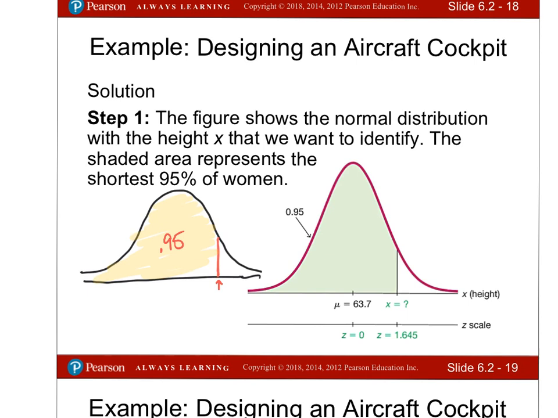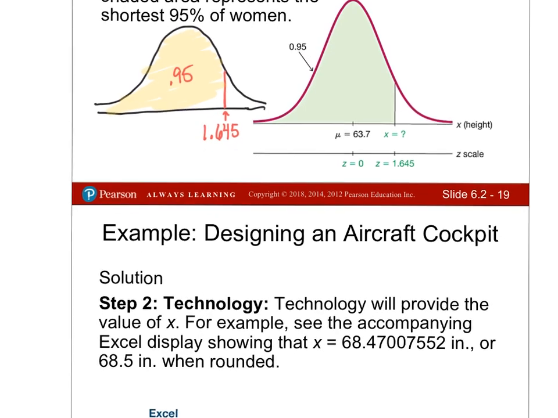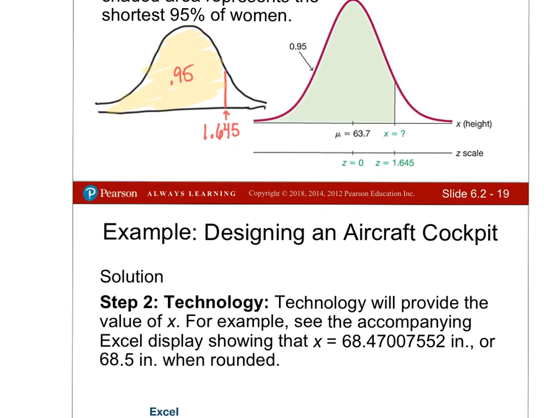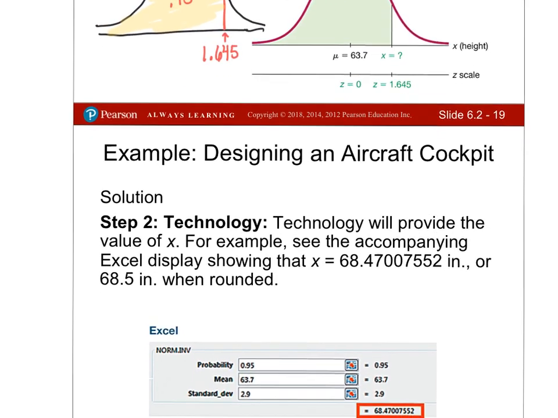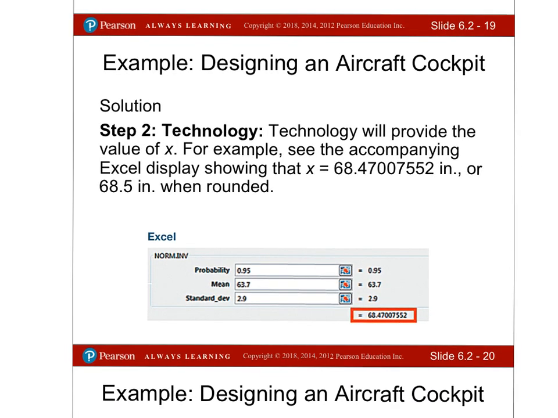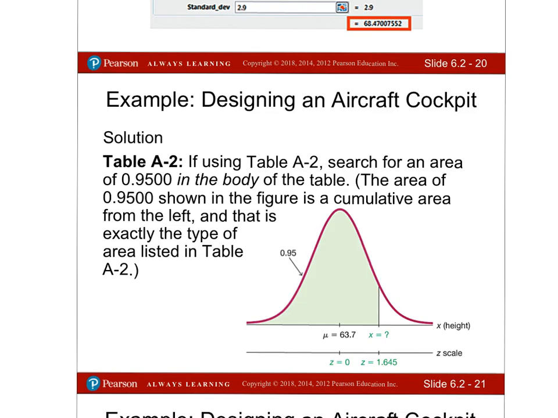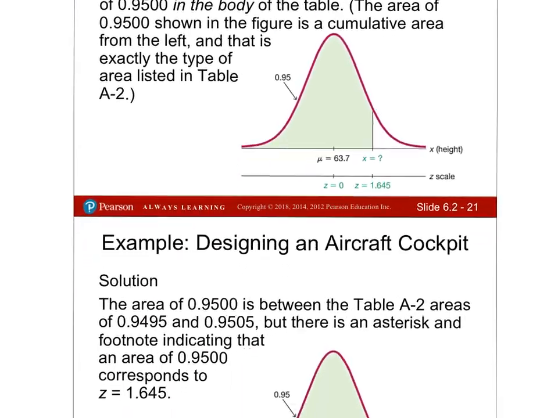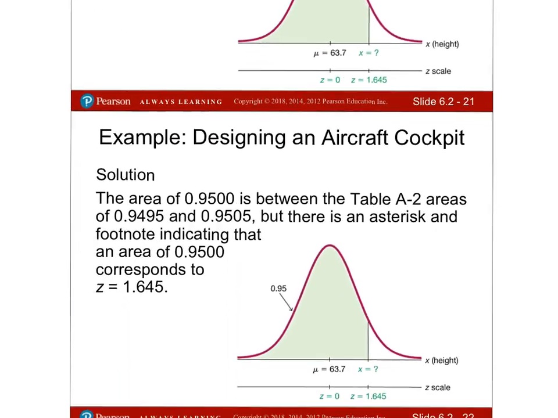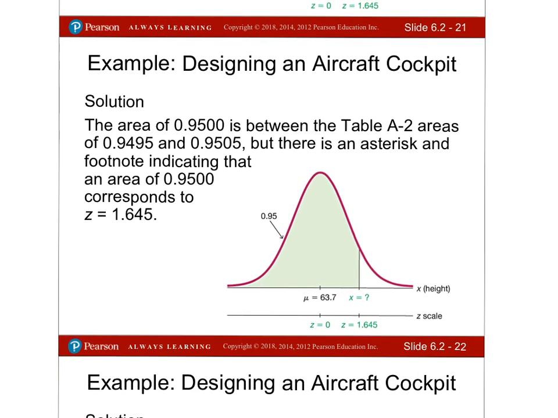The z-score associated with that is about 1.645. That must be the z-score of that boundary. But I need to translate that z-score back to heights. You can see how they're using technology to find that boundary. We're going to let you experience that, but I want to show you this by hand.